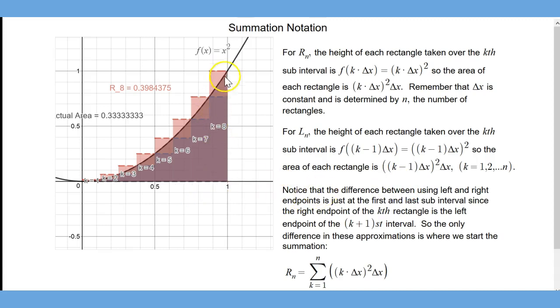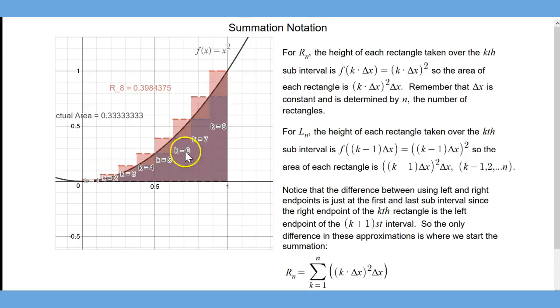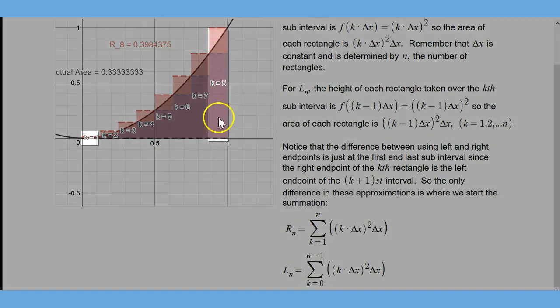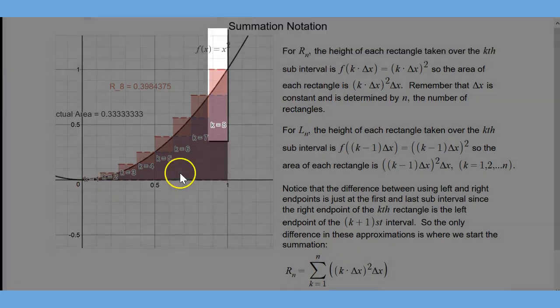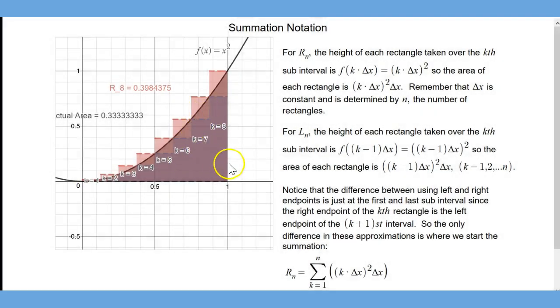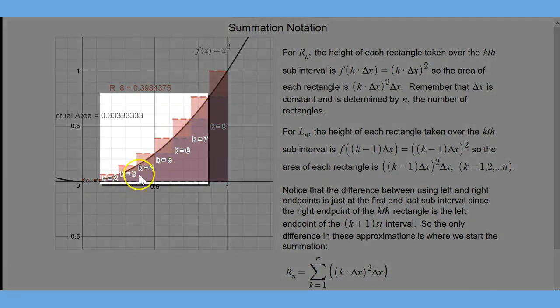So notice that the only difference we get when summing all these areas of rectangles between the right and the left endpoint estimation is at the last rectangle and the first rectangle. Since the left endpoint of one interval is equal to the right endpoint of the interval before it, all the area contribution you get from these interior intervals is the same.